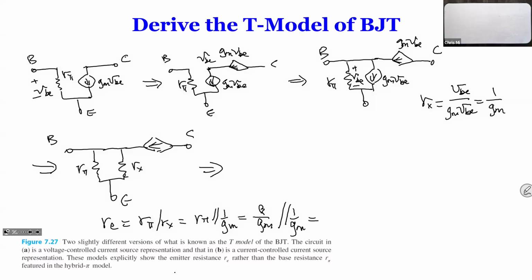So this in parallel means we get beta over Gm multiplied by 1 over Gm, and the bottom is beta over Gm plus 1 over Gm. So we get beta over beta plus 1, over Gm, and that is alpha over Gm. So we call this one Re.